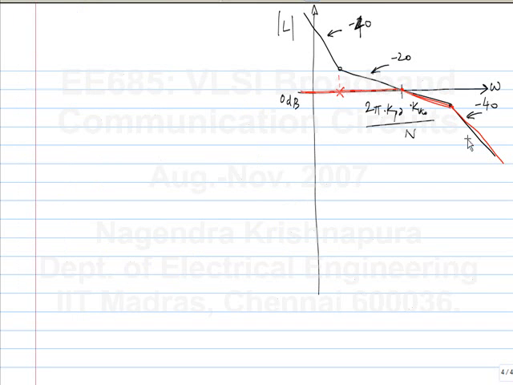Okay, fine. This red curve here is L by 1 plus L. So what is phi out by phi ref? It is multiplied by n, so it simply rises up.